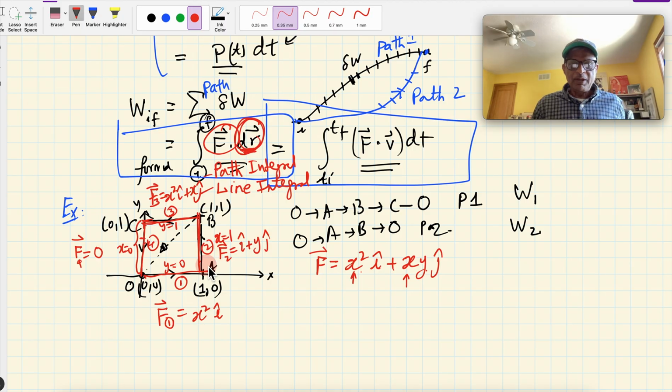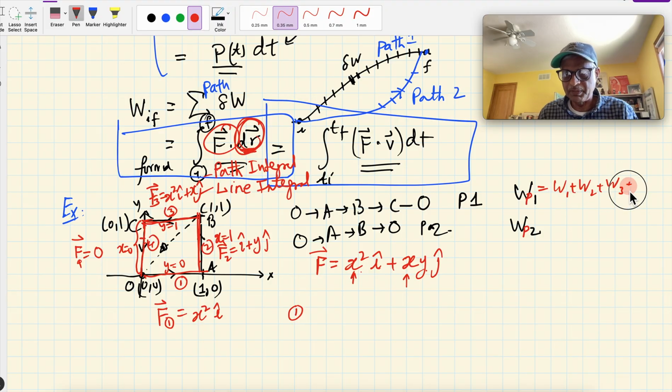So now it's very easy. Let's work this out, and then we're going to work this out later. Let's see. So W on path 1 is W1 plus W2 plus W3 plus W4.